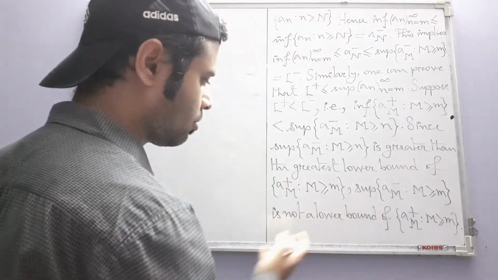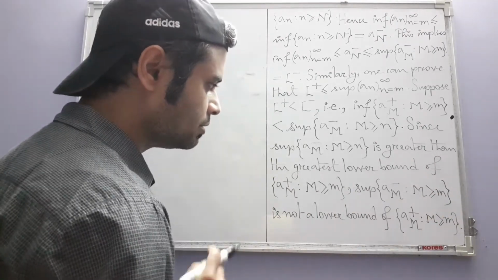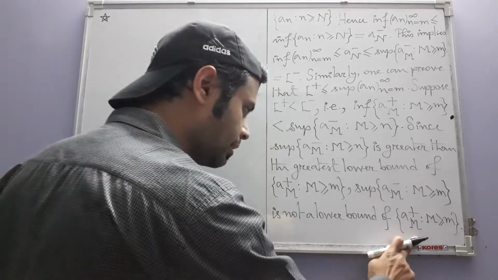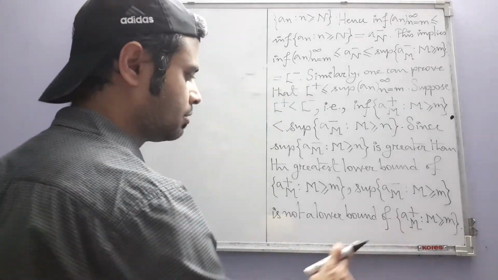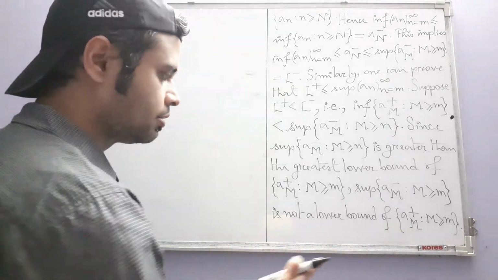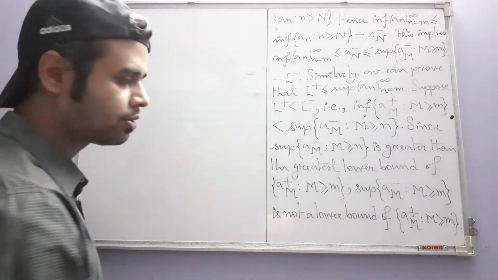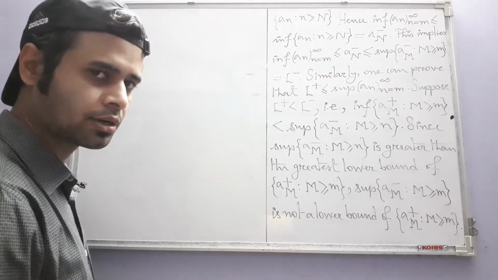Okay, so this is not a lower bound of this means it cannot be less than or equal to all the elements of this set. At least one element should itself be strictly less than this, because in that way only this fails to be a lower bound of this set.